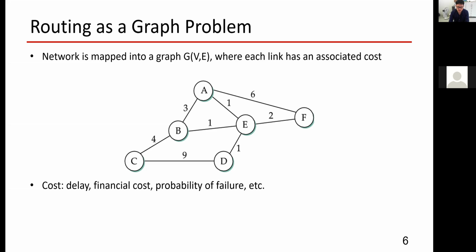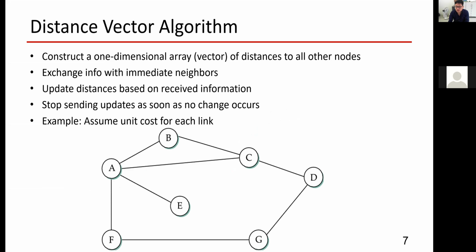The cost can be delay, financial cost, probability of failure, or something else. So we can simplify and transform the real-world problem into a mathematical problem by converting it to a graph. Then everything gets simpler and I can solve it mathematically.